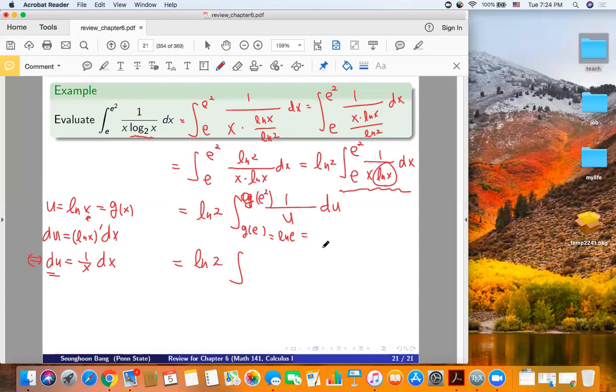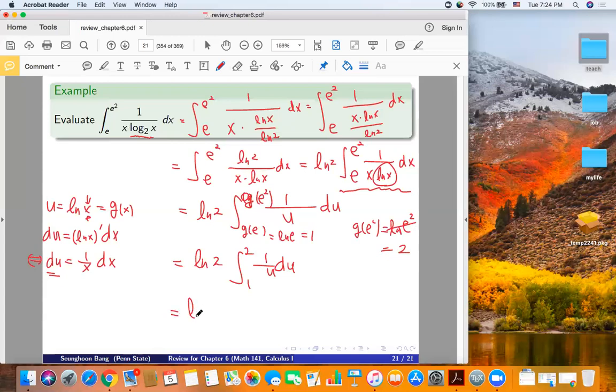Min said 1, Calvin said 1. You're right, this is 1. So what's g of e square? Plug e square into this x. Ln of e square is, yes, 2. The change gives the integral of 1 over u du.